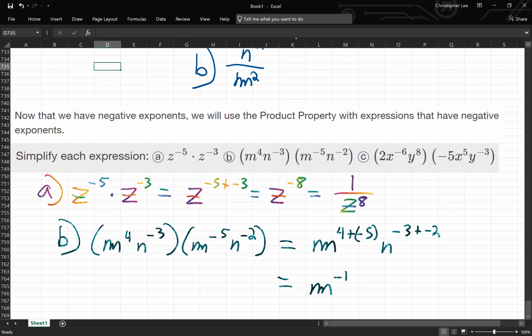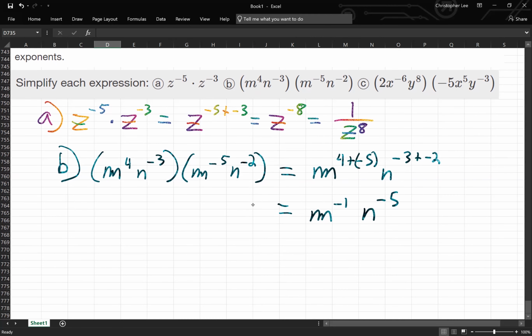So m to the -1 and n to the -5. Okay, got you. And what's next? m n to the fifth power. Questions on that? They don't multiply across, just add them.